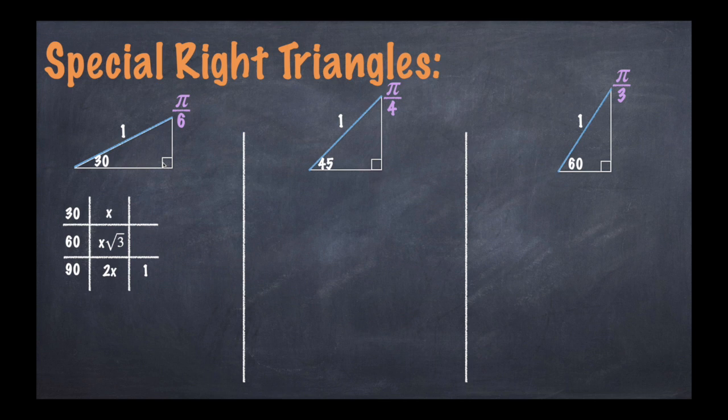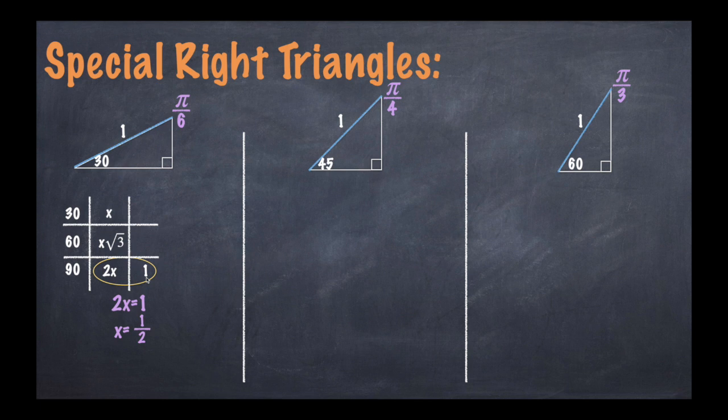Now what we know in this is that across from this 90-degree angle is the hypotenuse right here. And so that's going to be, since we know that this is the radius measurement, that 1, we can plug that in here. Now that helps us to figure out what x is, because we know that if 2x is equal to 1, then we can figure out x.